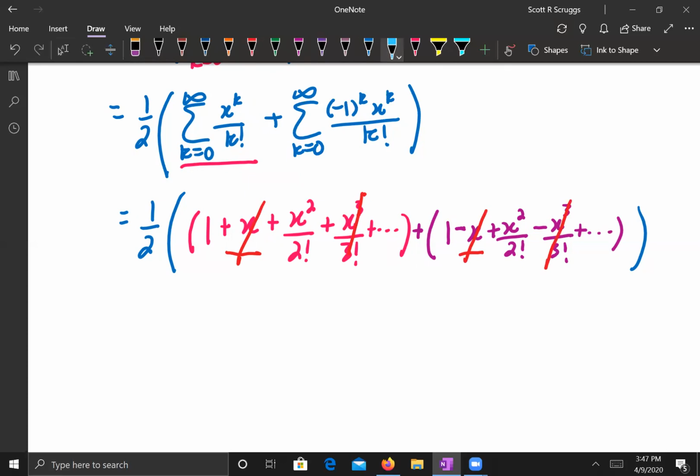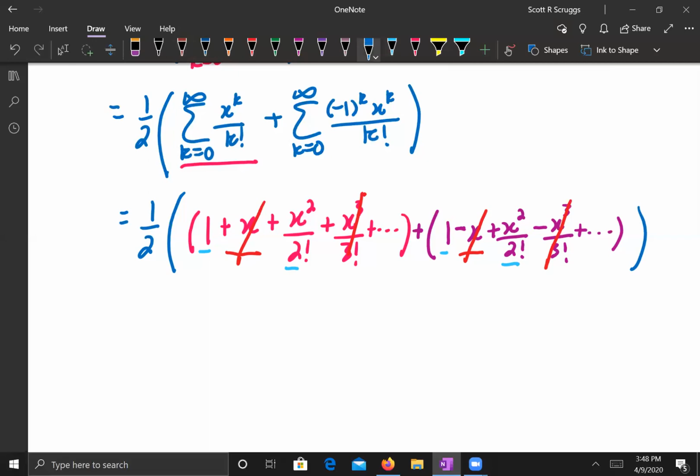Whereas for the even terms, I'm going to combine like terms, but I have two of them. So I'll get 1 plus 1, which is 2, 2x squared over 2 factorial, and a 2x to the 4th over 4 factorial, because they're appearing twice after cancellation.